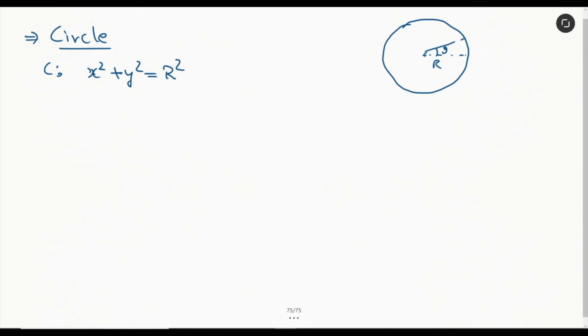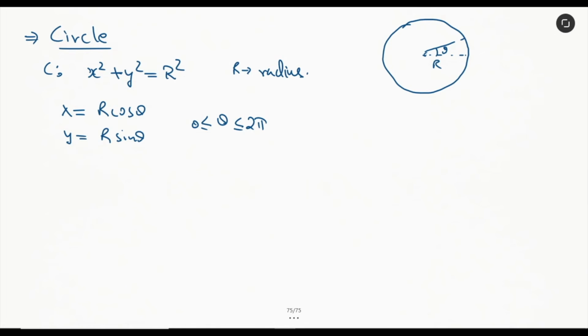Where r will be the radius. Now if you have to parameterize this for the curve C, we can say x is going to be r cos theta, y is r sin theta, and this theta will vary from 0 to 2 pi.